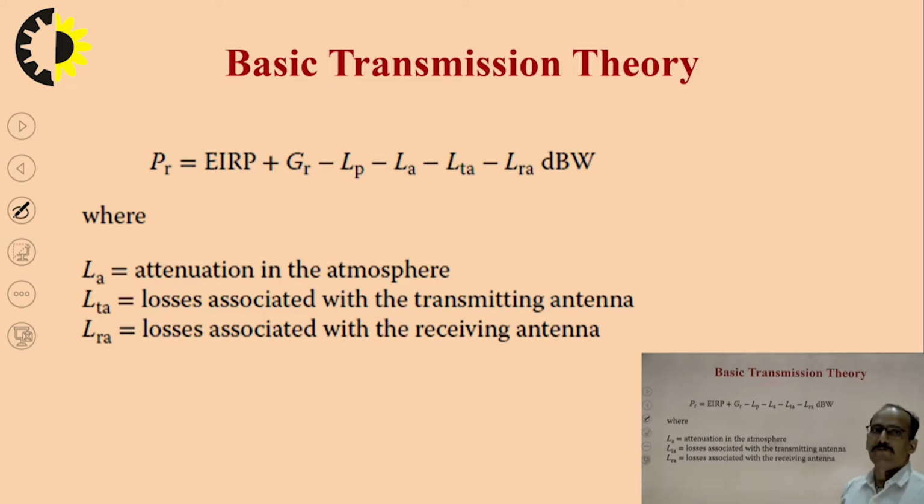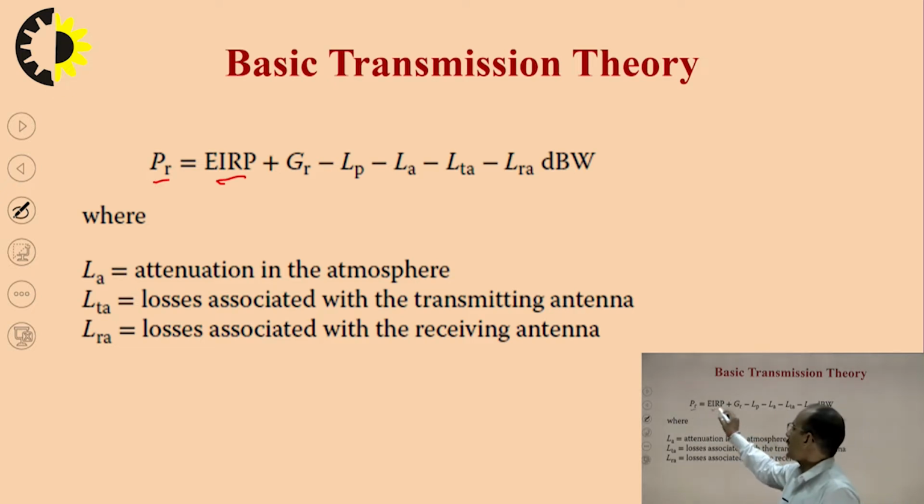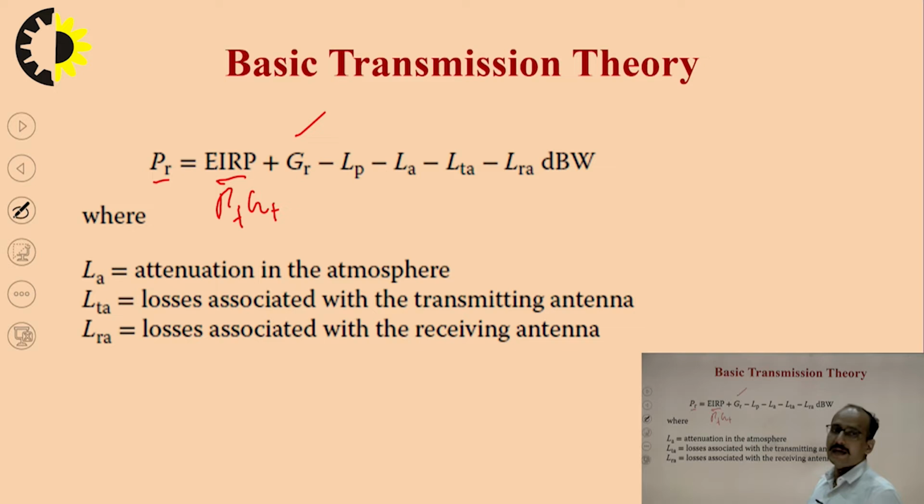Described more clearly, this is the receiving power at the earth station, where EIRP is PT GT, GR is the gain of the receiving antenna, LP is the path losses, LA is the losses due to the atmosphere, LTA is the loss of the transmitting antenna, and LRA is the losses due to the receiving antenna.